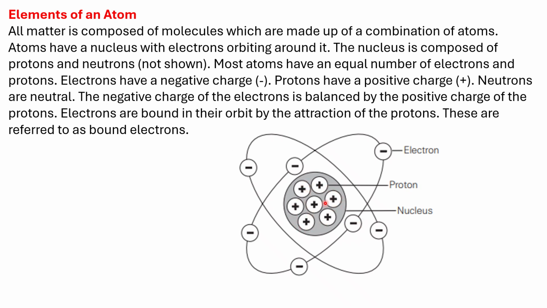These are protons, and these are the electrons orbiting around this. Electrons have a negative charge. Protons have a positive charge. Neutrons are neutral. The negative charge of an electron is balanced by the positive charge of the protons. Electrons are bound in their orbit by attraction of protons. These are referred to as bound electrons.